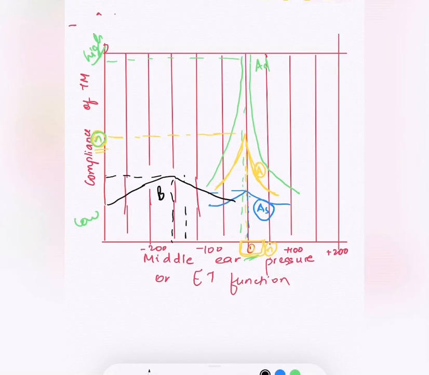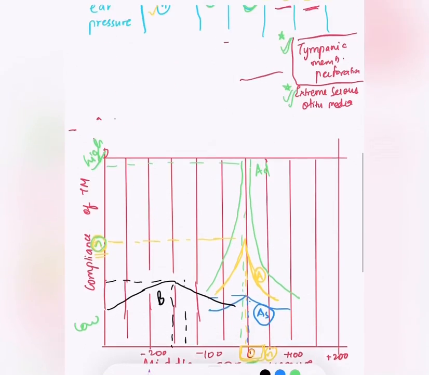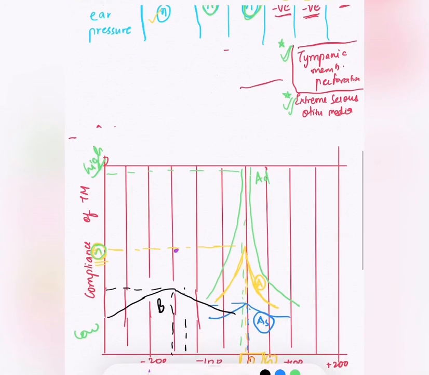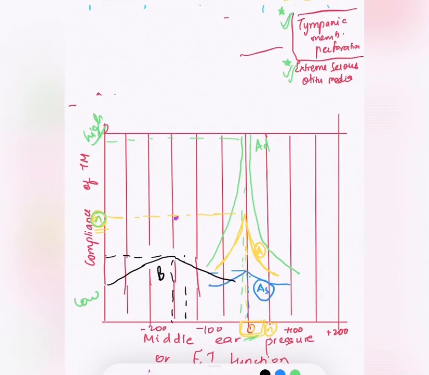Okay, so last curve that we are going to see, let us just give it a color purple. Okay, so the last curve is early EP obstruction. So the compliance would be normal and the middle ear pressure is negative. So the curve that you are going to get is this curve.